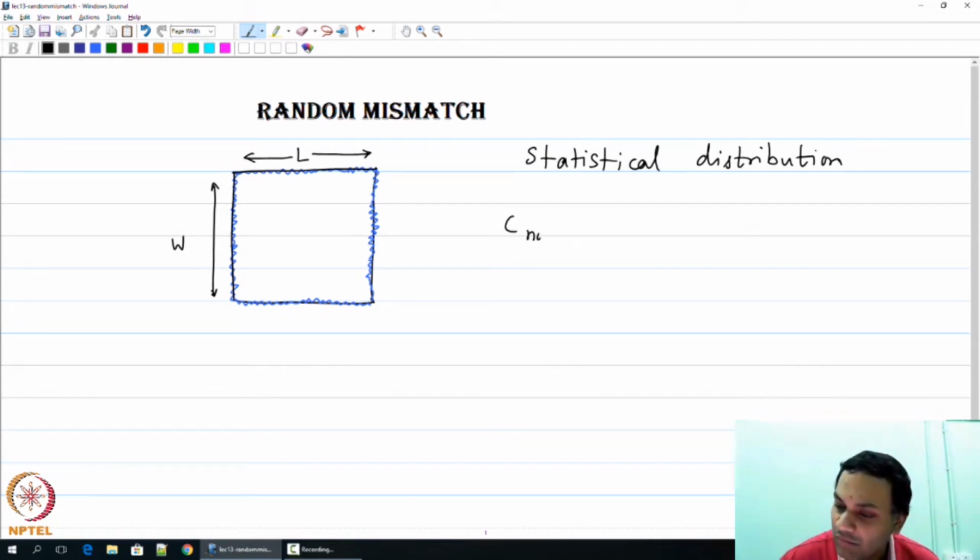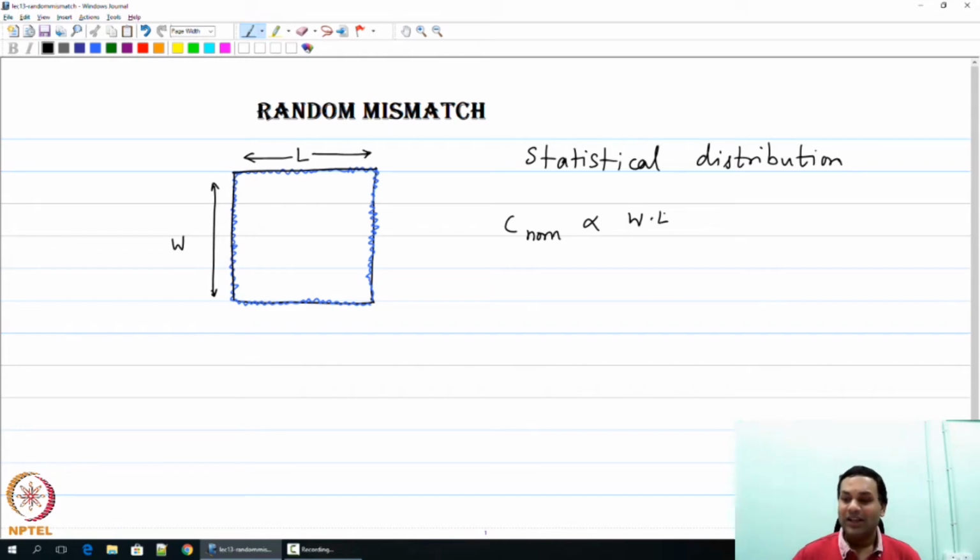So the nominal C norm is proportional to W times L, but the actual value of the capacitance will be slightly different depending on the distribution of these defects.